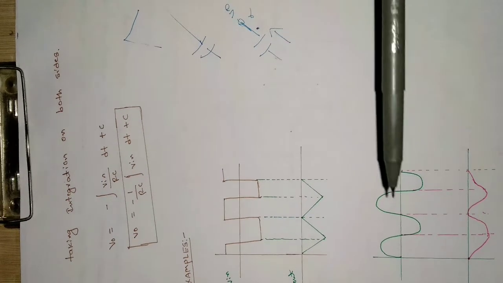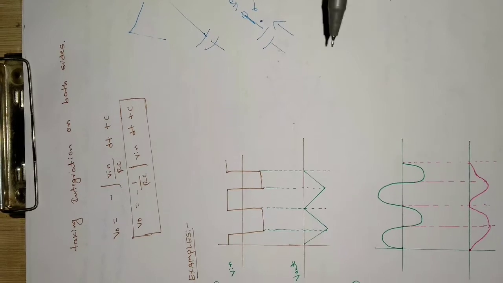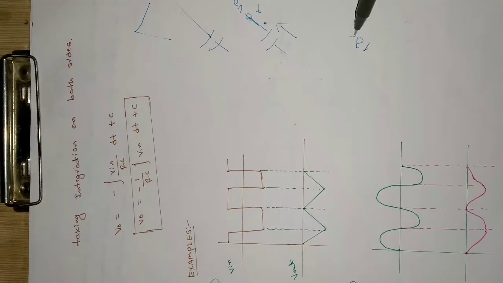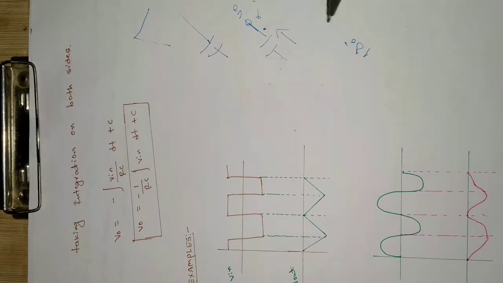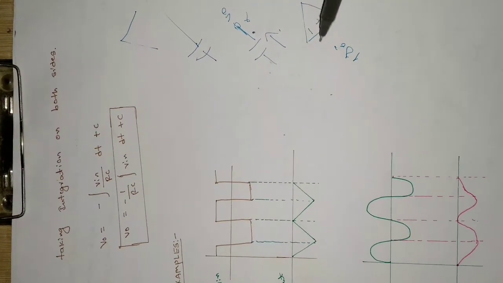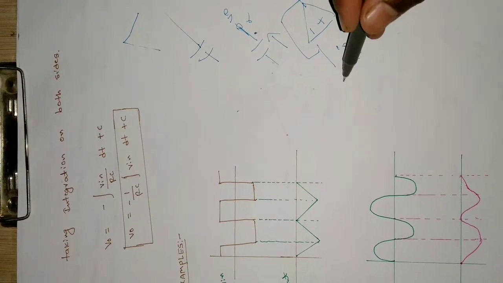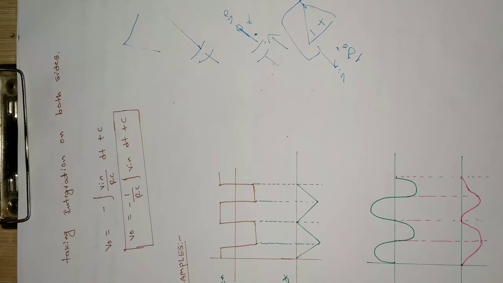And in the case of sinusoidal input, we will be getting an output with a 180 degree phase shift, as we are applying the input to the inverting terminal. So this is the inverting terminal and we are applying the input here. This is the Vin point and this is the Vout point.